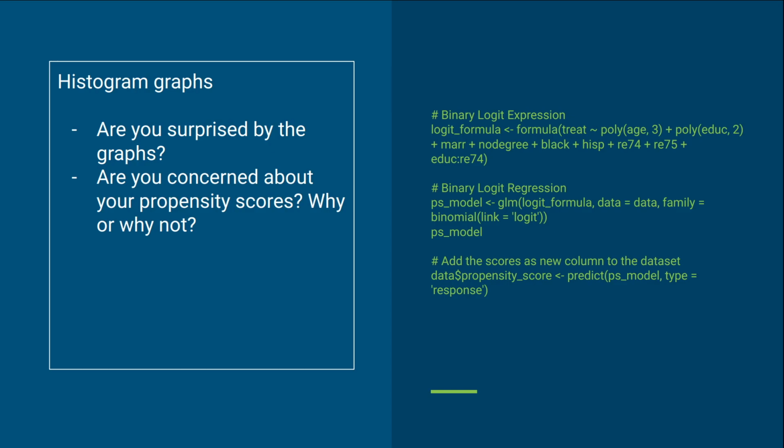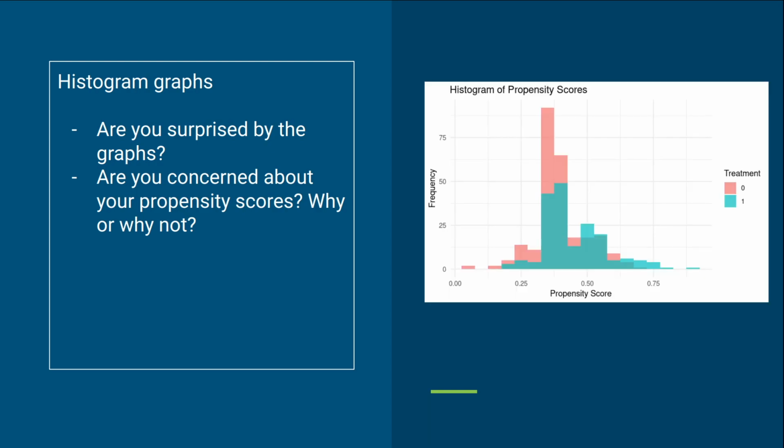Once we did that, we then plotted a histogram to see if the output is going to be as expected, which is a level playing ground for picking people for treatment and control groups. And so what we see here is that the propensity scores are not exactly as expected.